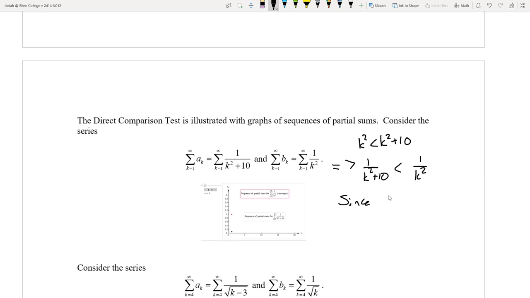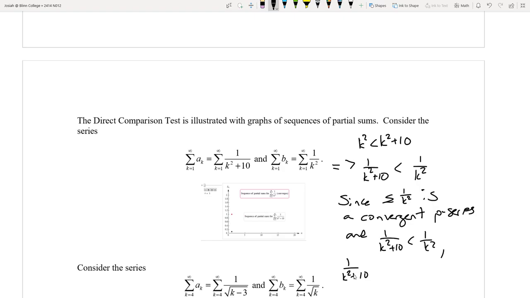So since 1 over k squared is a convergent p-series, and we have that 1 over k squared plus 10 is less than 1 over k squared, this series here converges. And we say by direct comparison test, DCT.